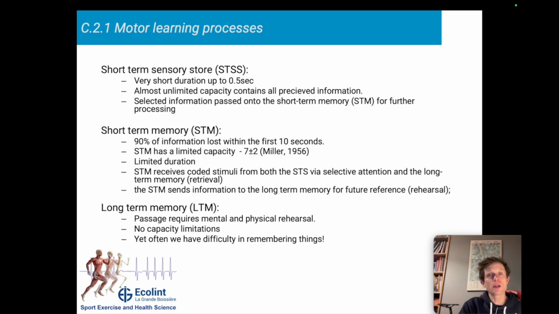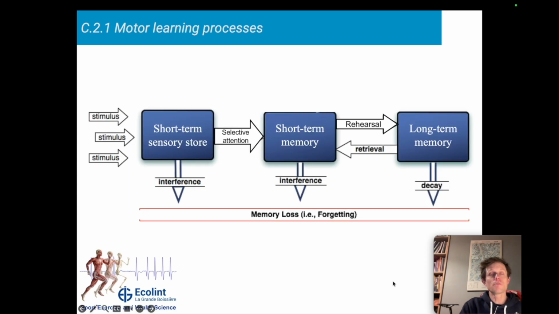The long-term memory has no capacity limitations, although the problem is sometimes we actually have a problem in retrieving information from the long-term memory, particularly if we haven't attended to it in a long time. So the multi-stage model proposed by Atkinson and Shiffrin has similarities with Welford, however it has an emphasis on this method of transfer between one stage of memory to the next.